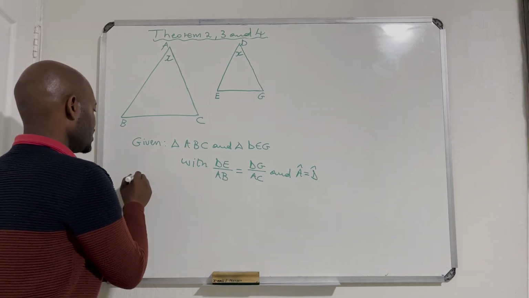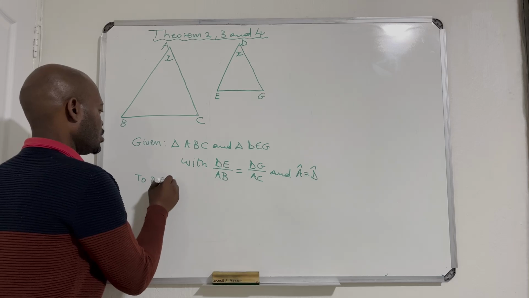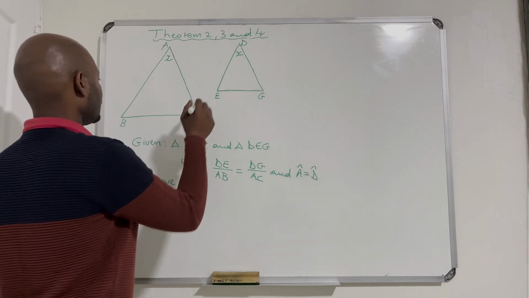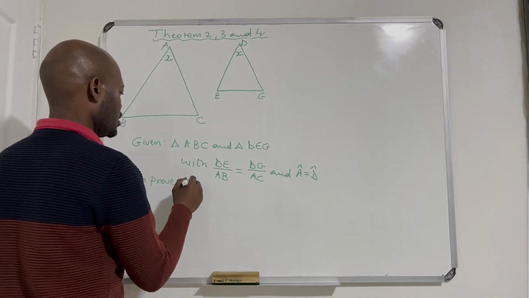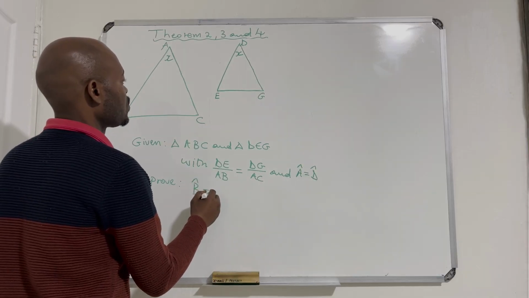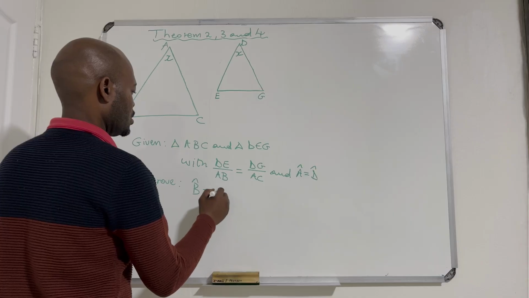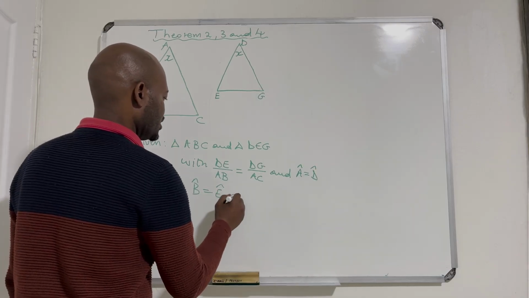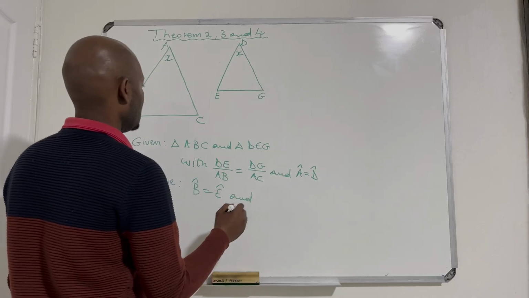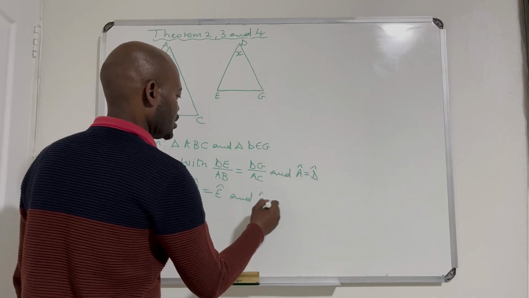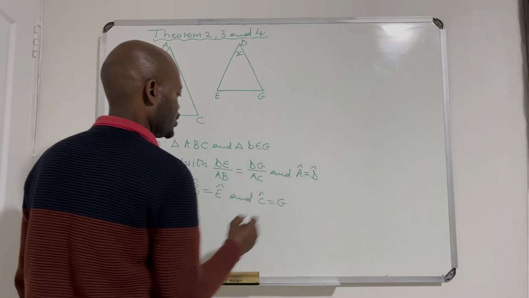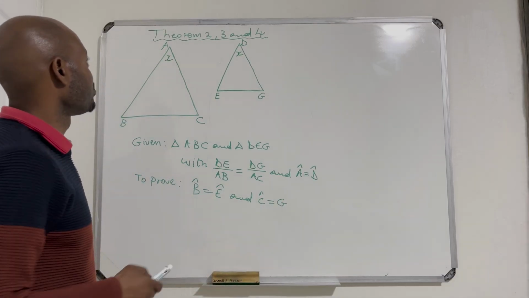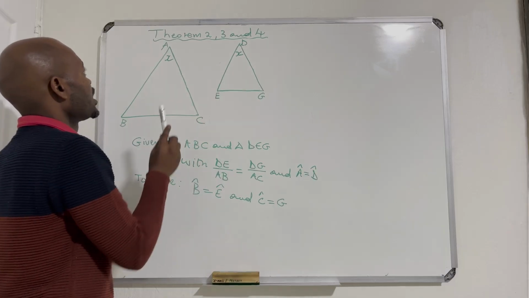To prove that angle B is equal to angle E and angle C equals angle G. This is what we are to prove, because we know that this angle is equal to that angle.